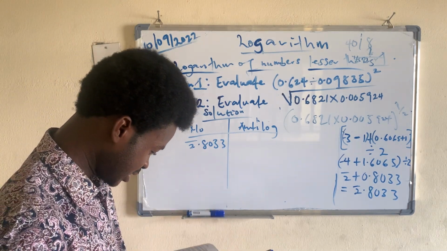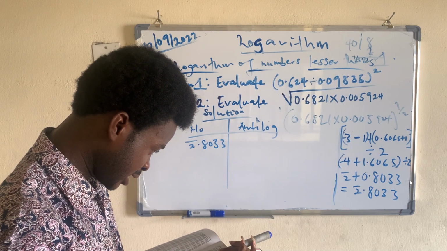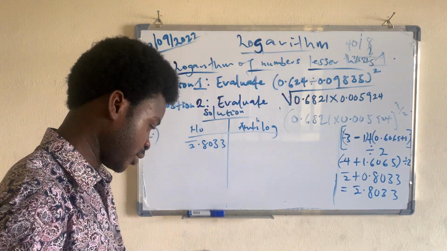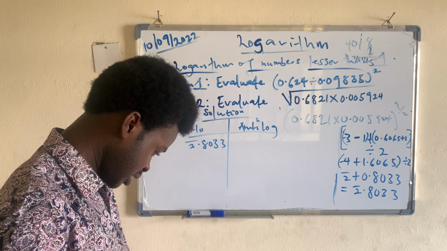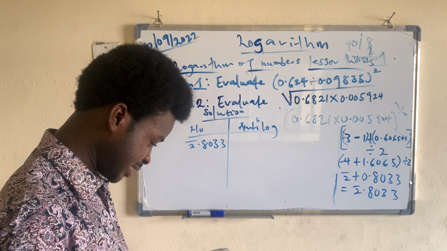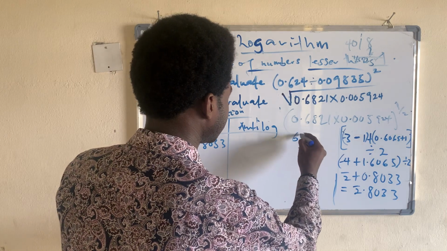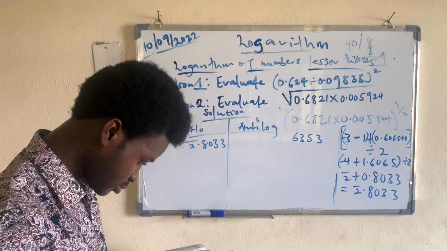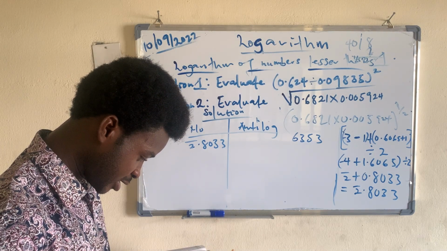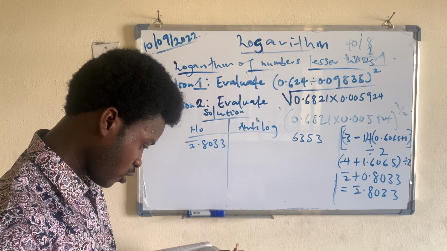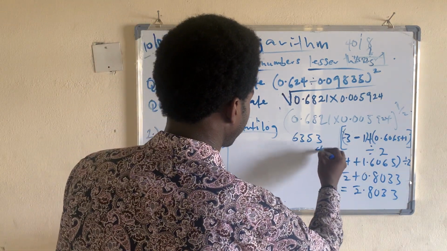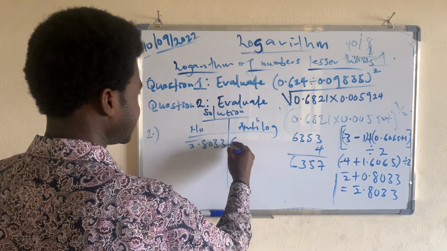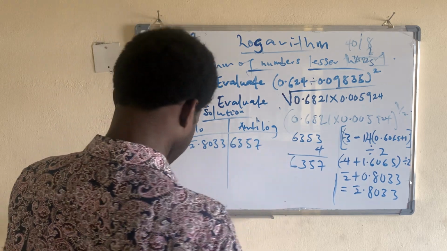We check under our anti-logarithm table, 80 under 3, 6353. We add that to the difference 3, which is 4, so we add that to be 6357.